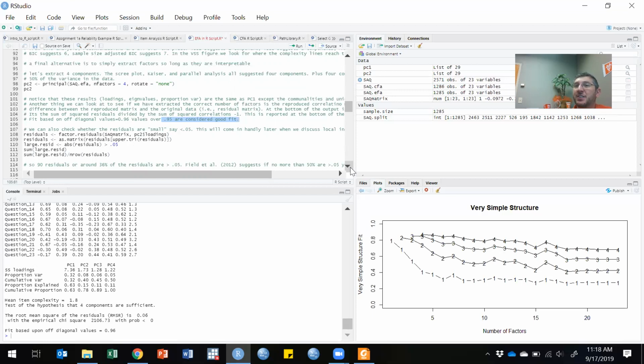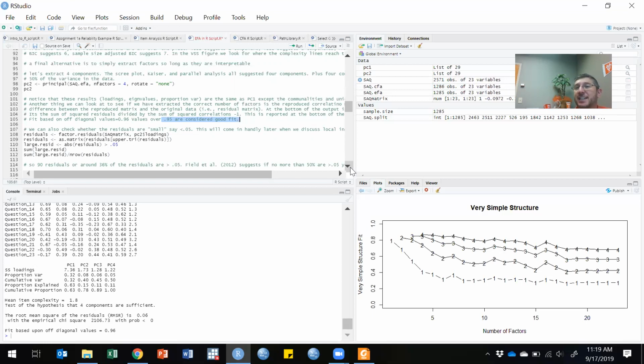It's this idea of what they call local independence, that the only reason that these variables were related to each other is because they all shared this common variance, that they were all related to these underlying factors. And once we take into account that underlying factor, there's no more correlation among the variables.